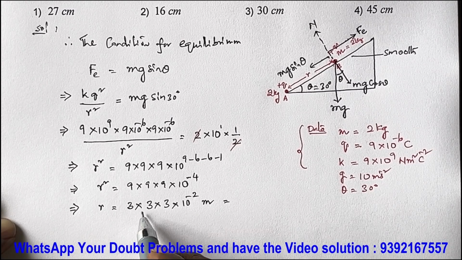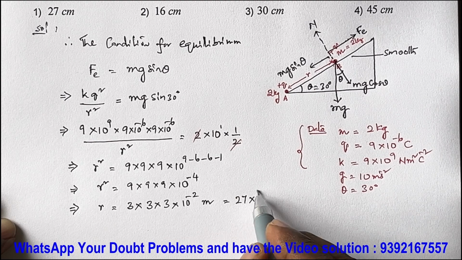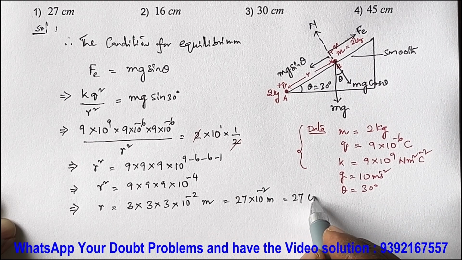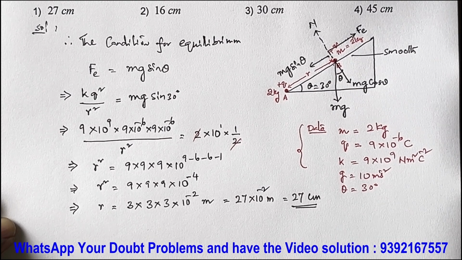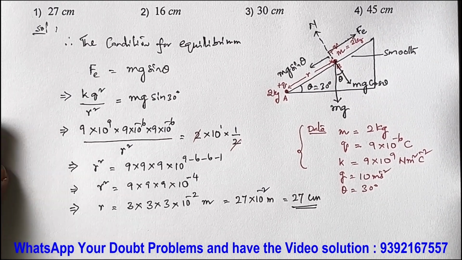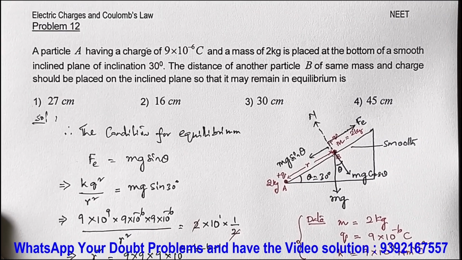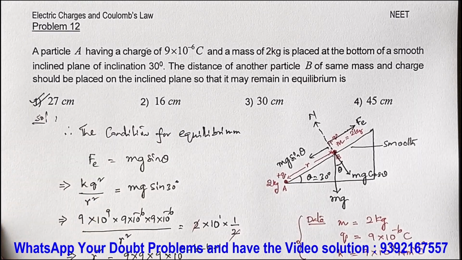That is equal to 3 3s are 9, 9 3s are 27, into 10 power minus 2 meter. That is equal to 27 centimeter. This is our answer. So let us check which option is correct. So in this problem, the first option is the correct option.